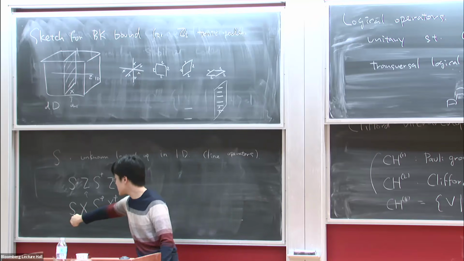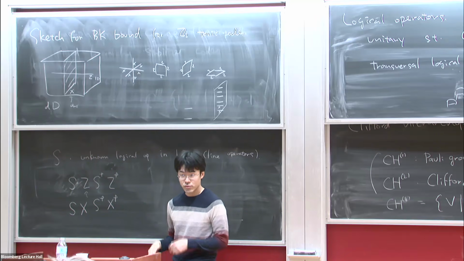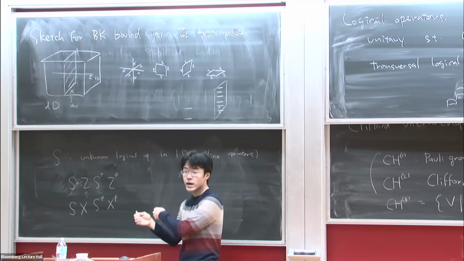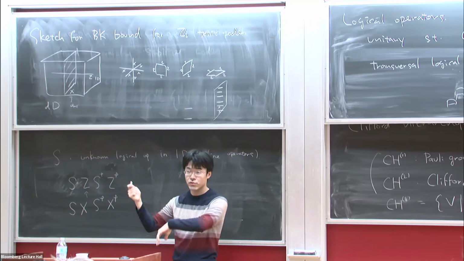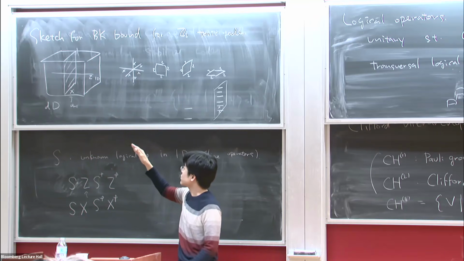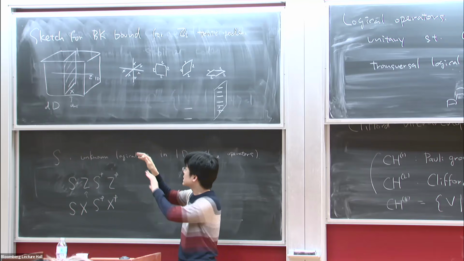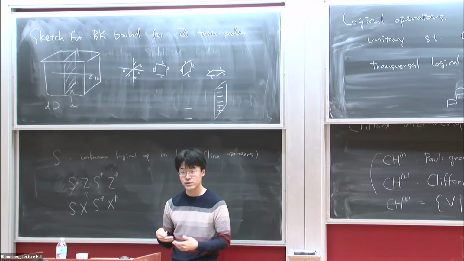Trivial or supported on a single point? In two dimensions, it can be supported on a single point, but in higher dimensions, the intersection between line and line can be resolved generically. Since the code is topological, you can deform the shape of the logical operator without changing the logical operations.